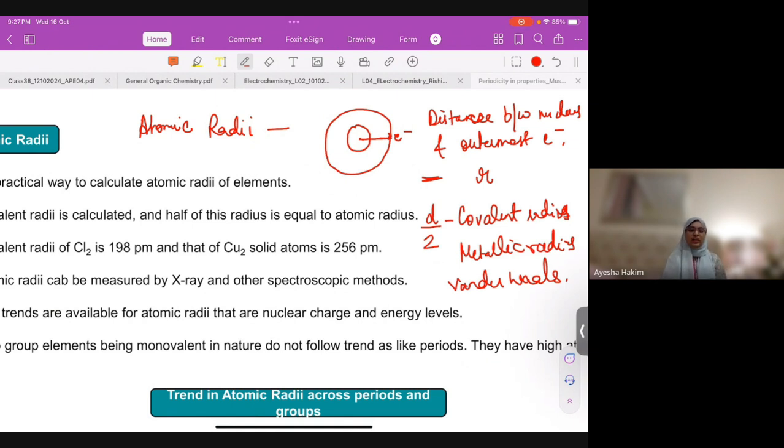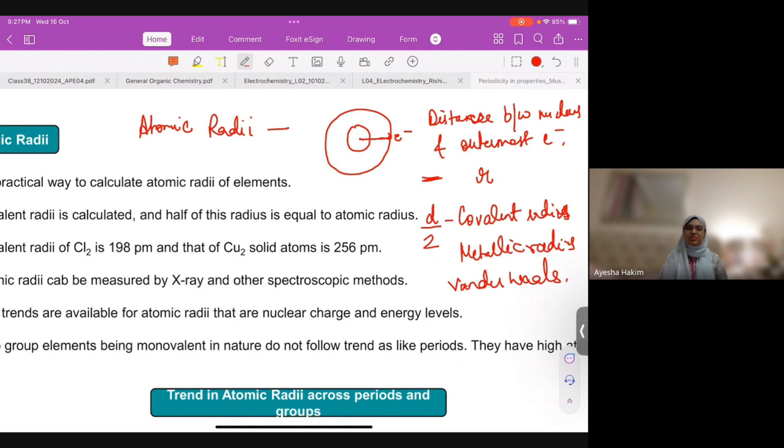Van der Waals radii is half the distance between the nuclei of two identical non-bonded isolated atoms. For example, it is used in noble gases, not any other.